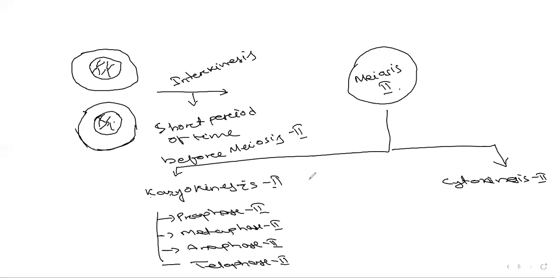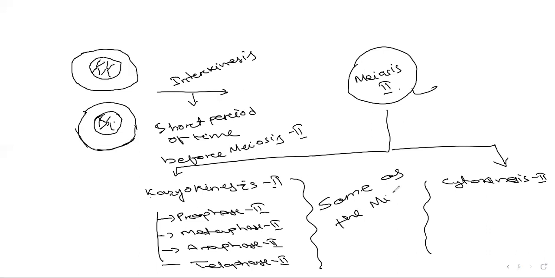Okay, and this meiosis 2 is the same as the mitotic division. Mitosis is like that, and meiosis 2 will also occur like that. As you know, here the cells have a half set of chromosomes, so I'm writing n.